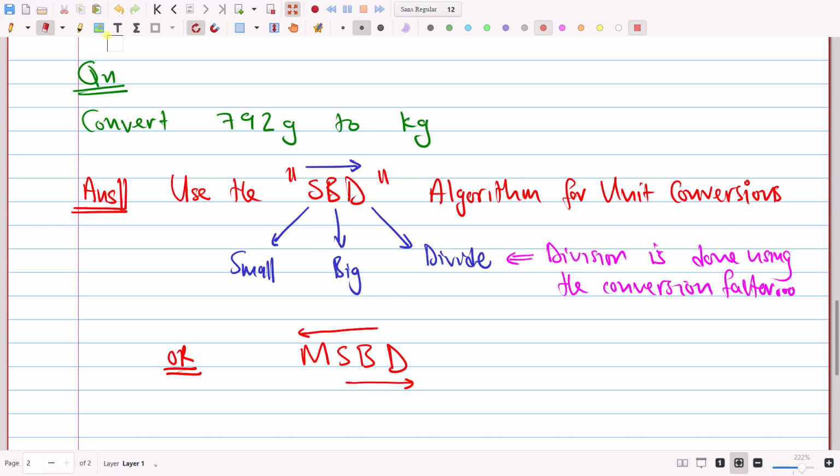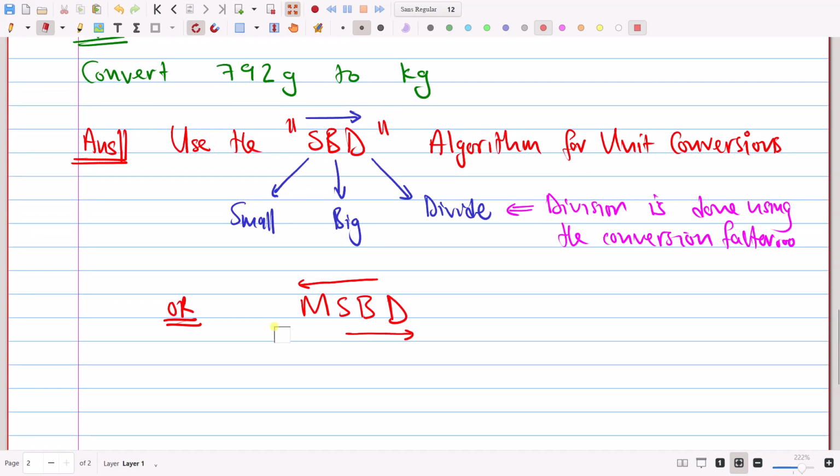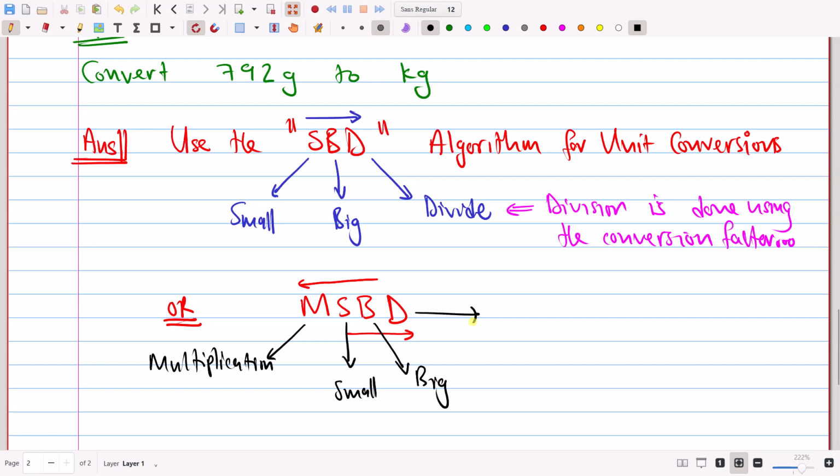Here, the M stands for multiplication, while S still stands for small, B still stands for big, and D stands for divide.